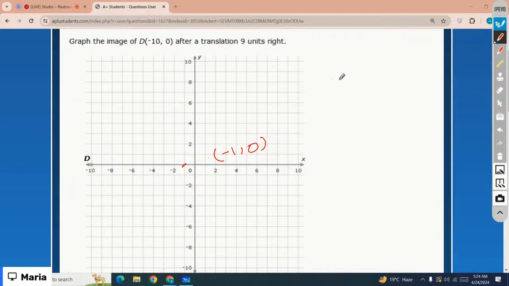One more thing, when you move right, right means add to the x coordinate, right? -10 plus 9, -1 and 0. You can calculate the coordinate, but here you don't have to find the coordinates. You simply have to graph the image, right?